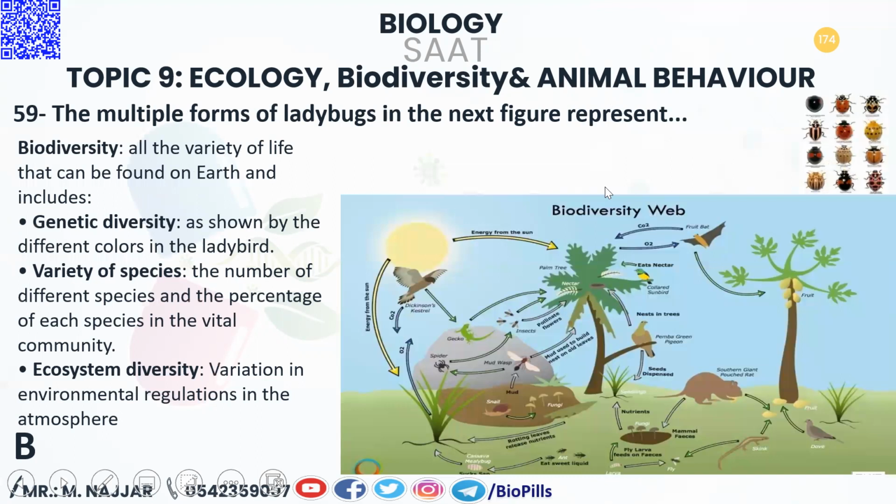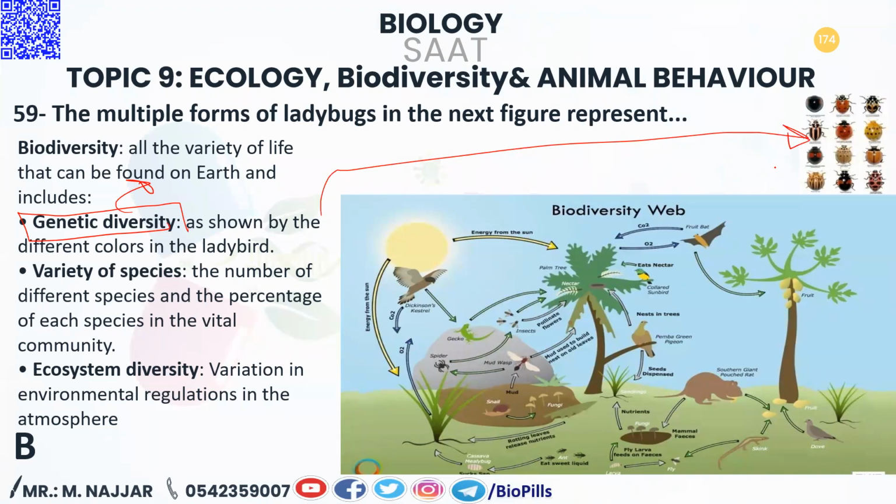Let's differentiate between all of them. Biodiversity is all the variety of life that can be found on Earth, and a genetic diversity plays a role in the biodiversity. As shown in this picture of ladybirds that came in the exam, they have different genetic makeup, so they have genetic diversity. They are biodiverse because of the genetics.